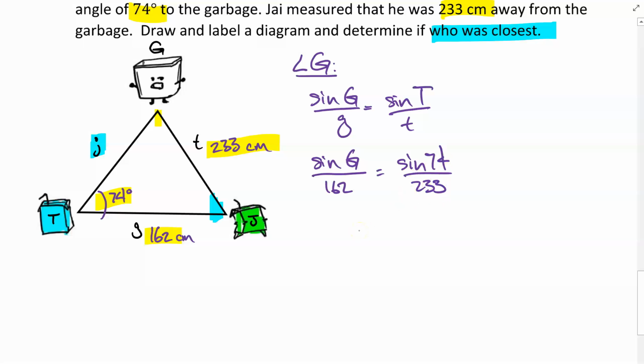And of course, we have a ratio where we are comparing these two fractions to each other, and we have one unknown, which is fine. Let's multiply both sides by the 162 and be on our way with isolating that G. These guys will go out, and we've got sine G is equal to 162 sine 74 all over 233.